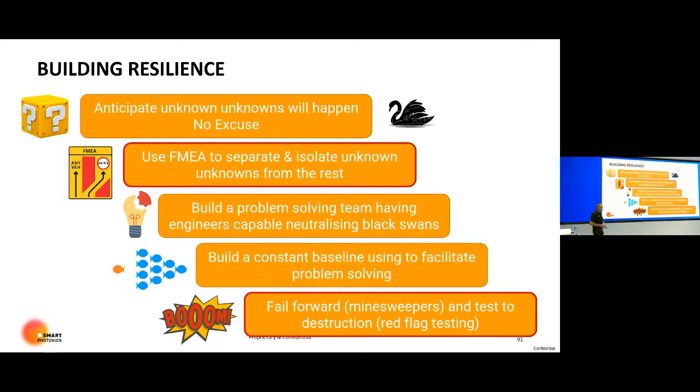Then you have to build a constant baseline, so don't do all these DOEs and design iterations, because that's exactly the place where black swans want to hide. And that was already said, my favorite: fail forward and test to destruction.